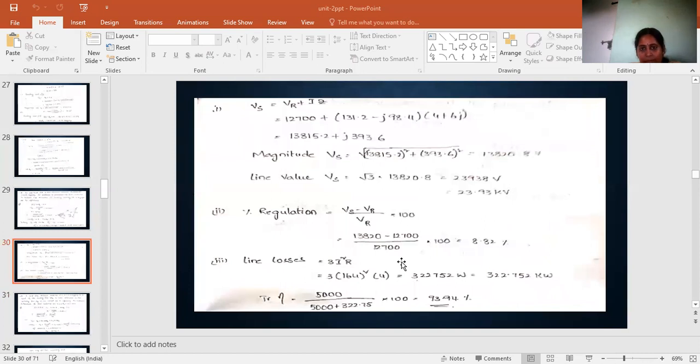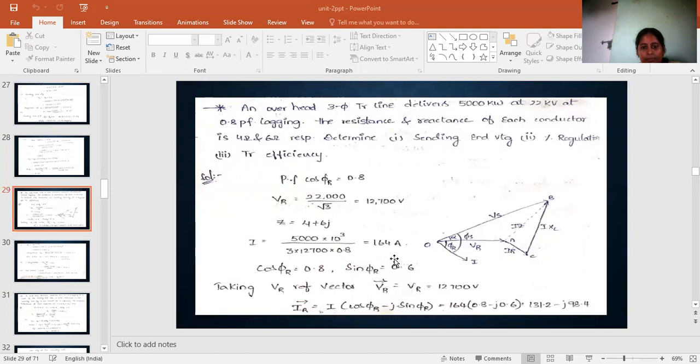That is 164 amps. And for cos phi r equal to 0.8, from that we can find out the phi r angle, and substituting that we get sin phi r equal to 0.6. Taking Vr as the reference vector, in the vector form Vr equal to Vr plus J0, that is 12,700 volts.